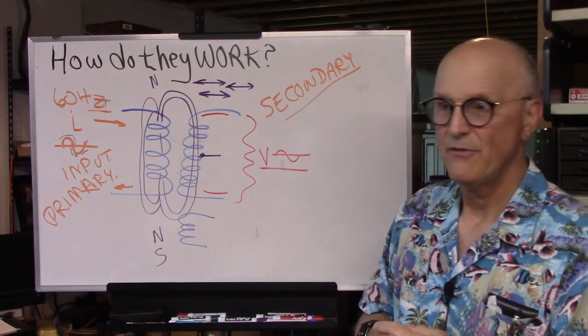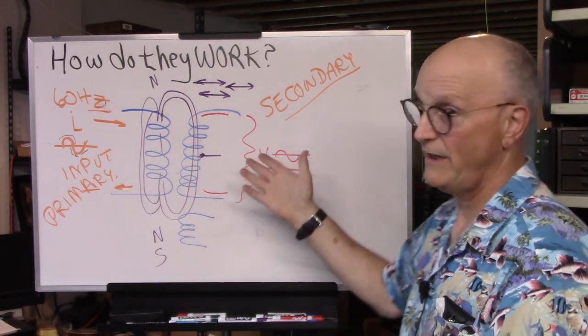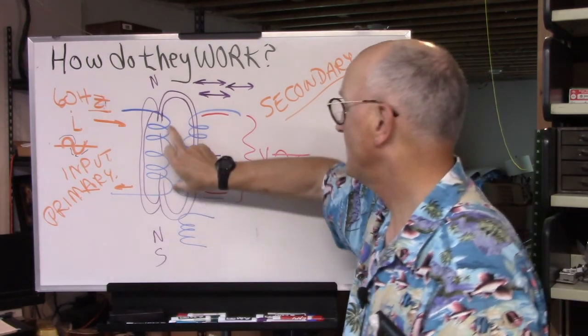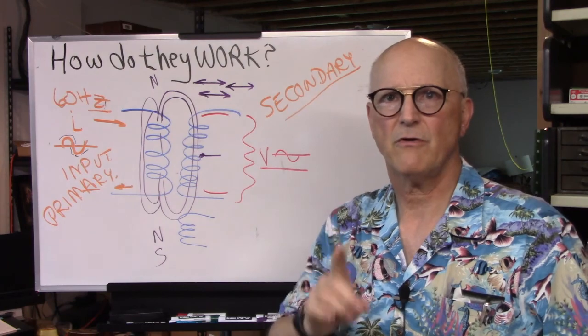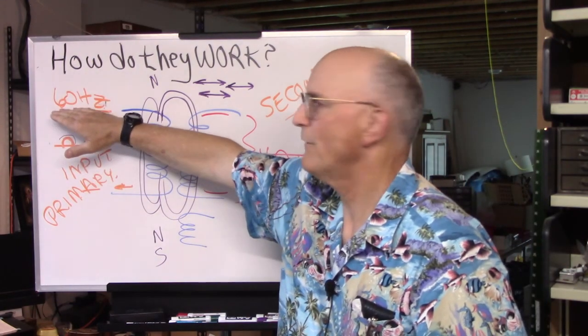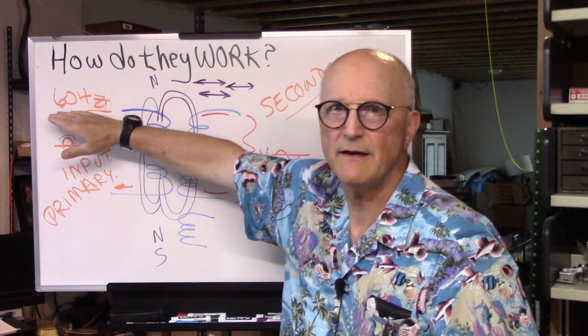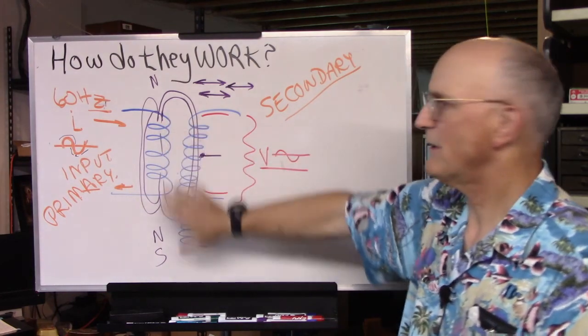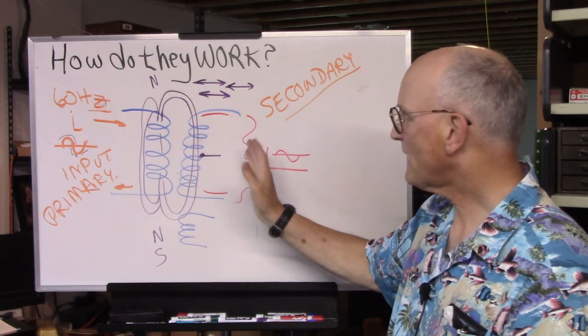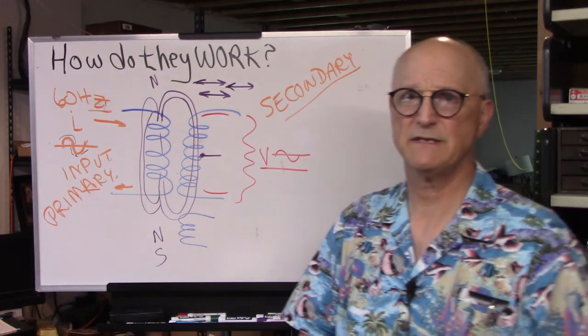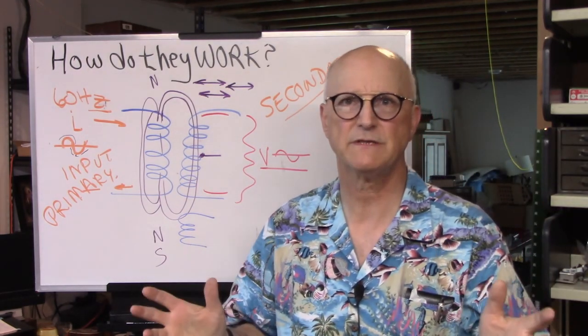Now, there are all kinds of transformers out there, and remember, the suitability of a core material depends on the frequency they're to be used at. So the core material has to be the right stuff, and the transformer has to be designed for a specific frequency range.